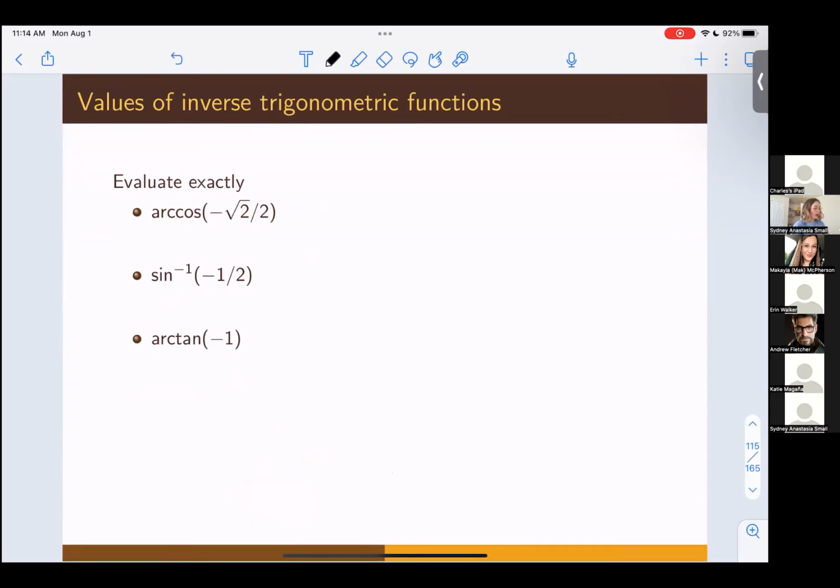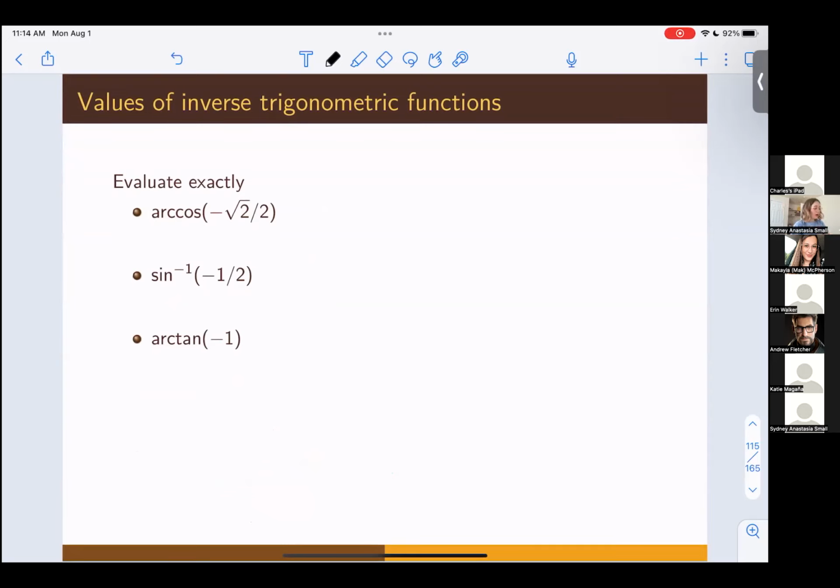Where in my shaded region do I have an x coordinate of negative root 2 over 2? Well, my x's are negative on this side. So this is my angle right here. This is the only angle in my shaded region that has an x coordinate of negative root 2 over 2. And it happens to be 3π/4. So your answer to this one is 3π/4.